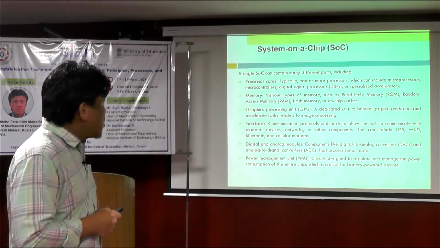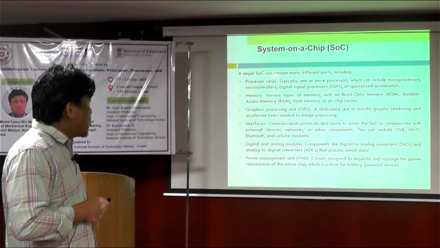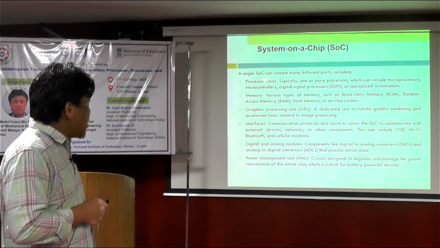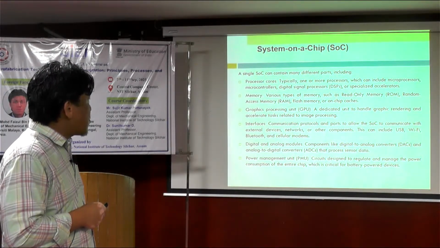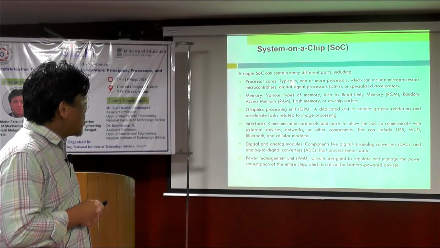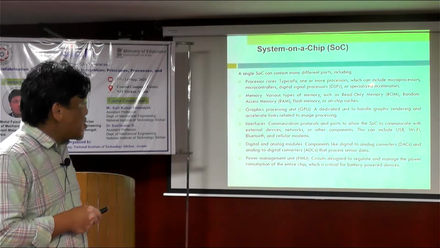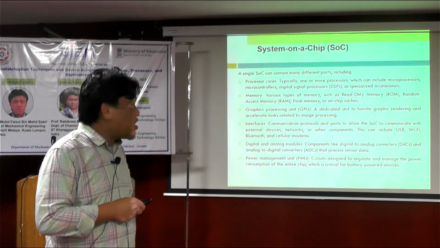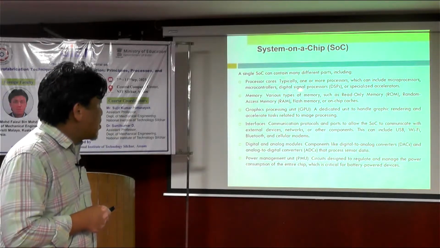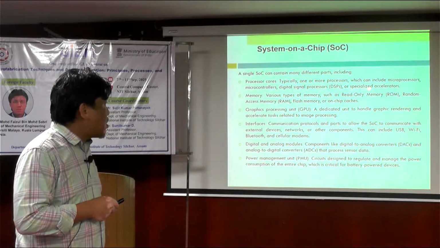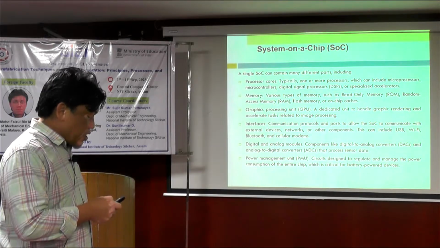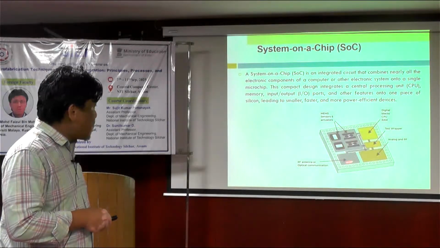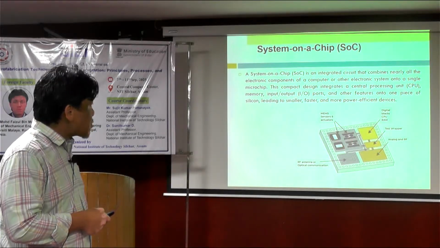So system on chip is a single chip. An SoC can contain many different parts, including processor cores, typically one or more processors, which can include microprocessors, microcontrollers, digital signal processors, or specialized accelerators. So in our previous case here, we can see a few components.